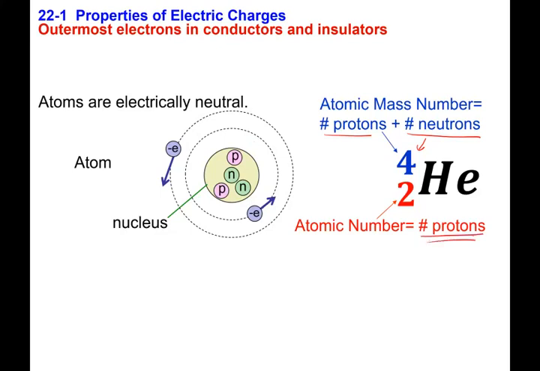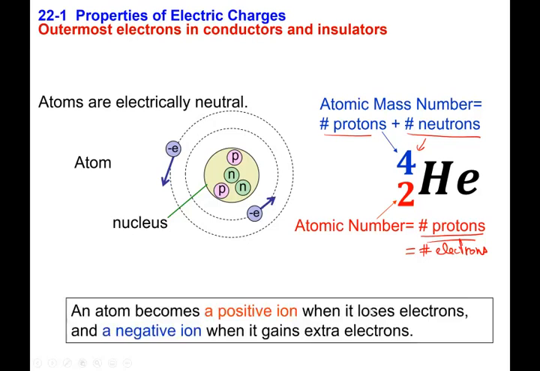And obviously, since it's a neutral atom, it should also be equal to the number of electrons, but not always. If, for example, you have a non-neutral atom, an ion, a positively or negatively charged ion, then the number of protons is not going to be equal to the number of electrons. So this is how we indicate the protons and neutrons in a molecule or in an atom.